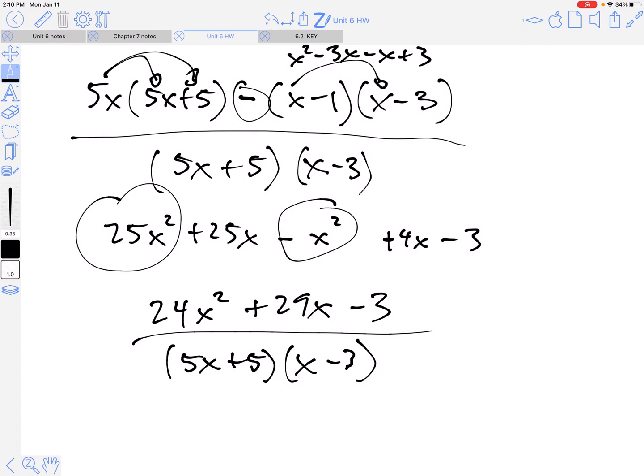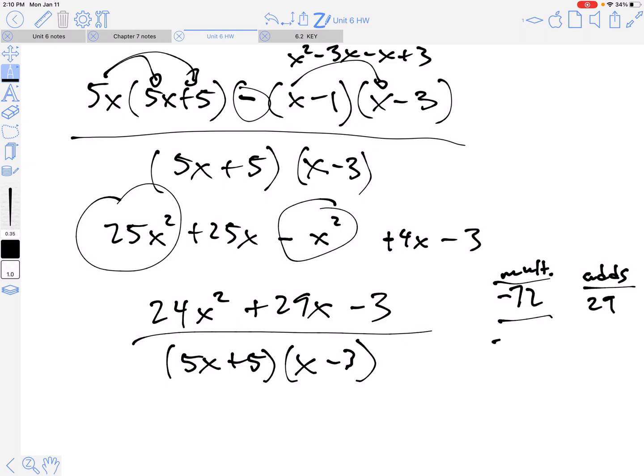I see my a times my c, so negative 3 times 24 gives me negative 72. So I want to see if there's anything that multiplies to give me negative 72 but adds to give me 29. I'll just make a quick list here.